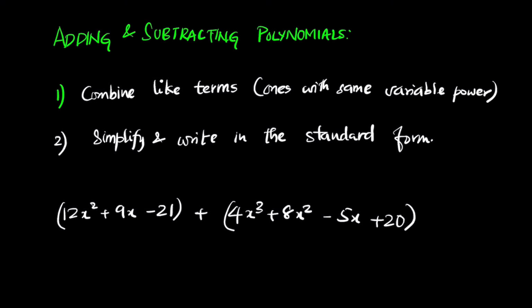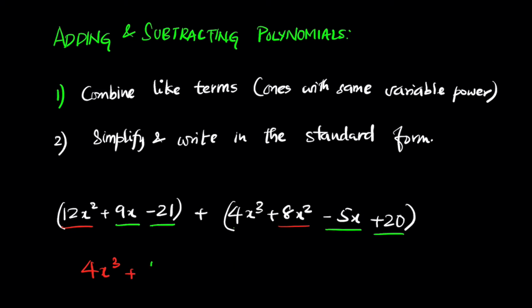What are the like terms here? Notice that 12x square and 8x square are like terms. In the same way, 9x and minus 5x are like terms. In the same way, you have minus 21 and plus 20 as like terms. And there is no like term with 4x cube, so keep that separately. So we end up with 4x cube plus, let me write the x square term first.